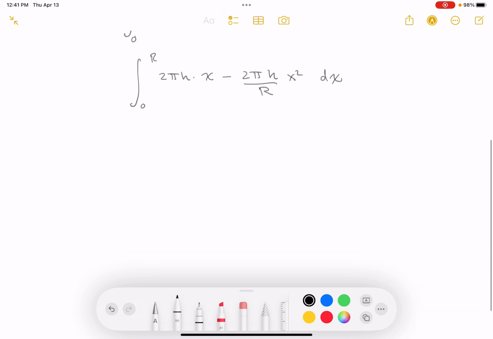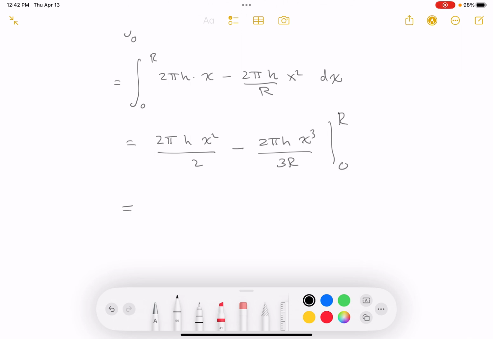Let's integrate, and you get 2 pi h x squared over 2 minus 2 pi h x cubed over 3r. Limits of integration go from 0 to r.